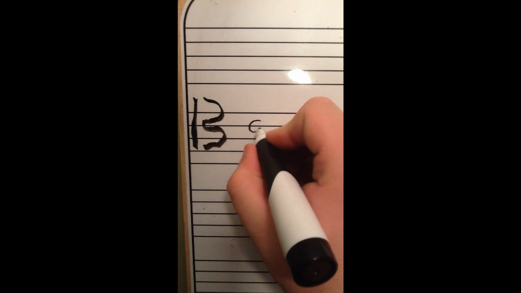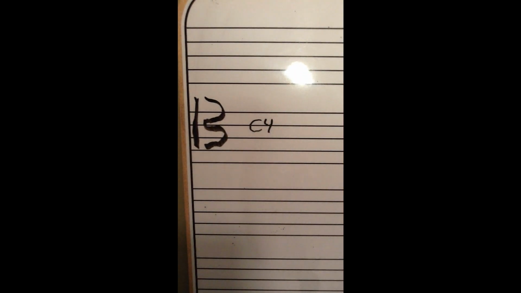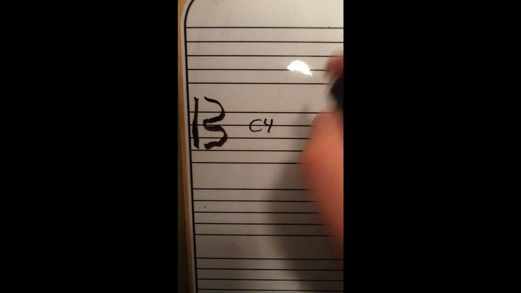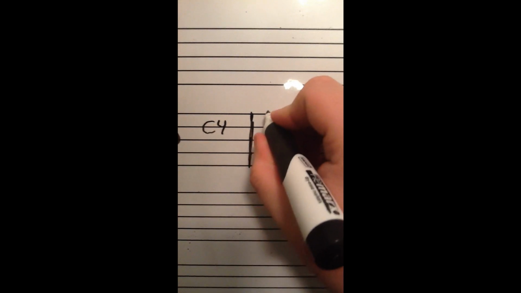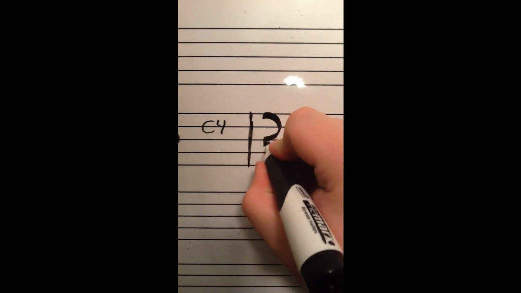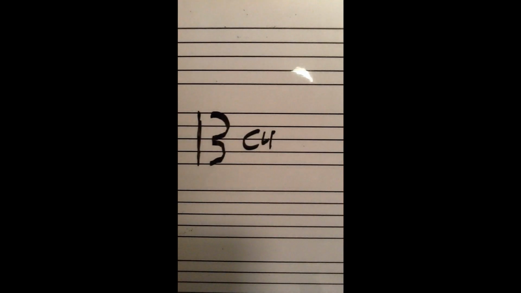So this line is C4. When you have an alto clef, and I'll just draw one right here, this line is C4.